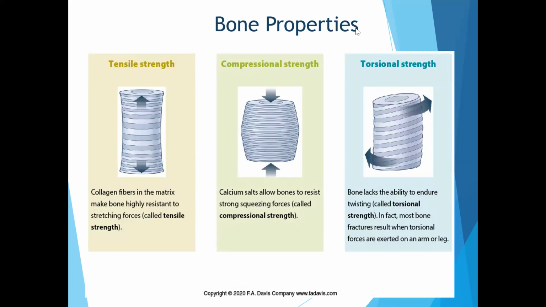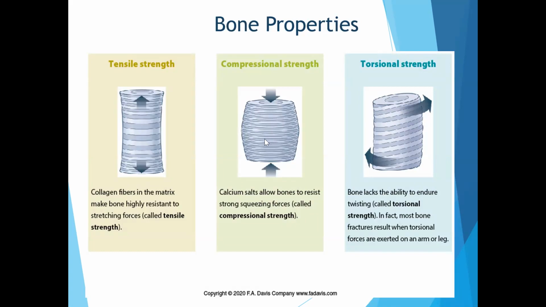All right, some properties of bone. Bones are really, really strong when it comes to tension and when it comes to compression. So both tensile strength and compressional strength in bones is very high. Collagen makes a big contribution to this tensile strength, so it can resist that stretch.